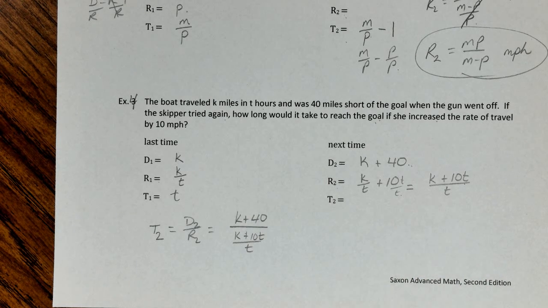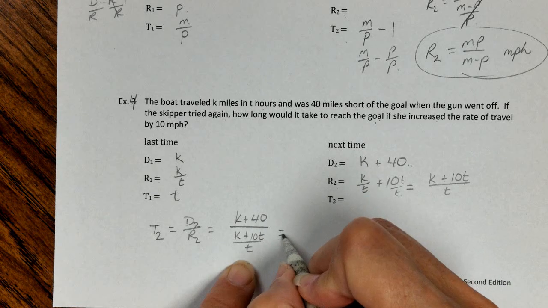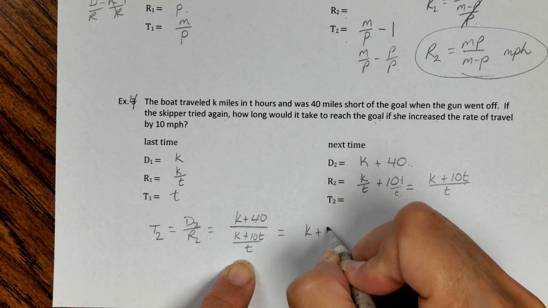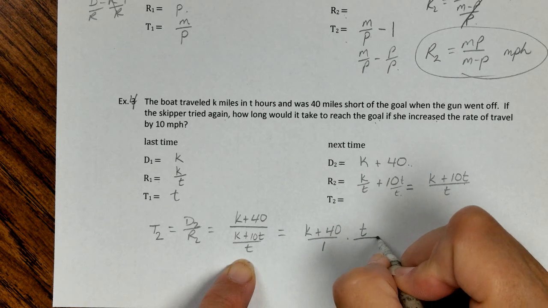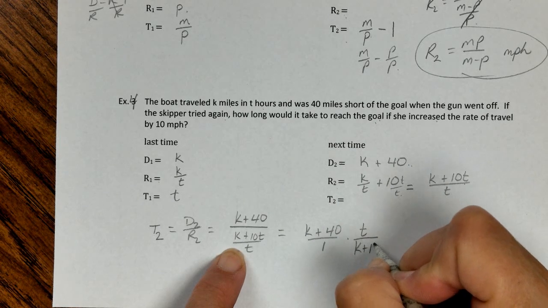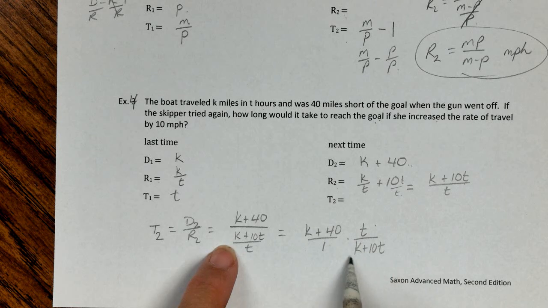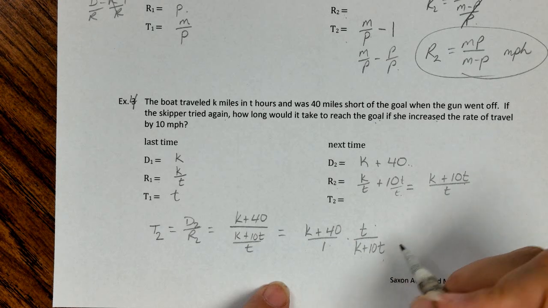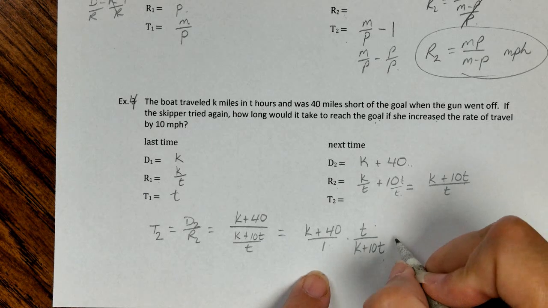And again, to simplify a complex fraction, we multiply the numerator by the reciprocal of the denominator. So we have k plus 40 times t over k plus 10t. Make sure I copy that correctly. t over k plus 10t. Okay, and nothing reduces on this one either.